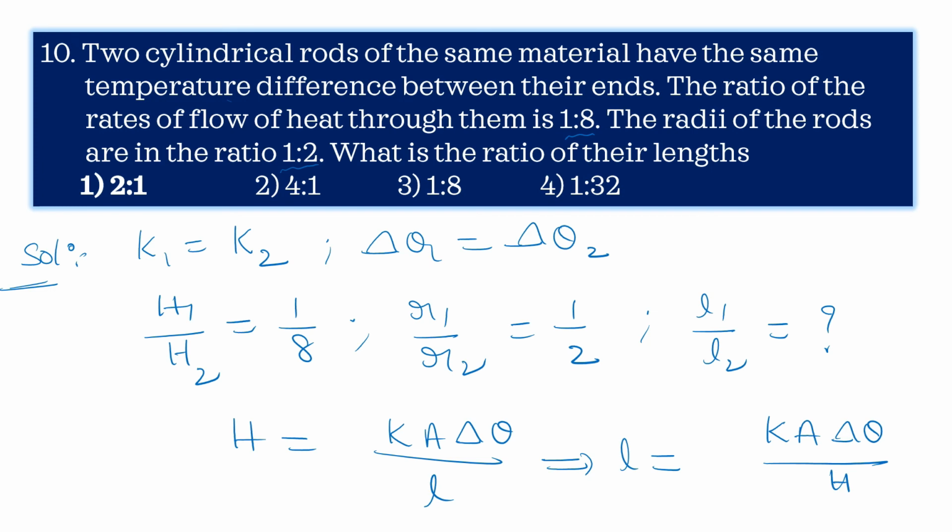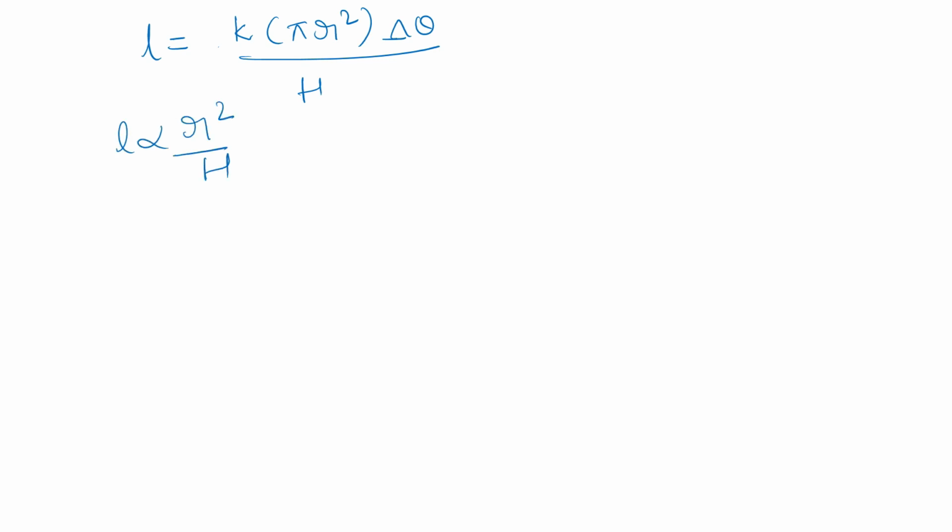Now next, L is equal to K A, nothing but area pi r square, delta theta by H. So L is proportional to r square by H. So from this, L1 by L2 is equal to (R1 by R2) whole square into H2 by H1.